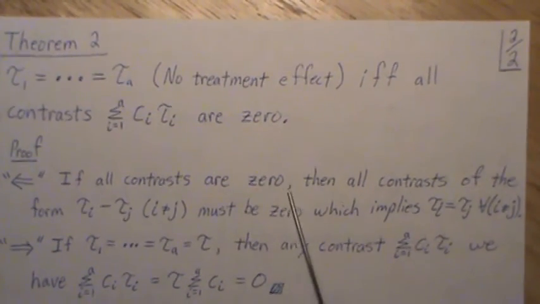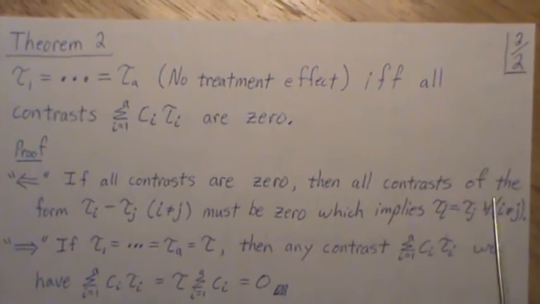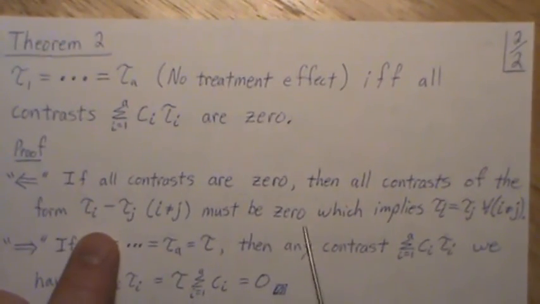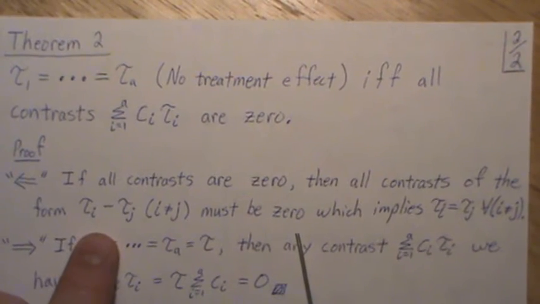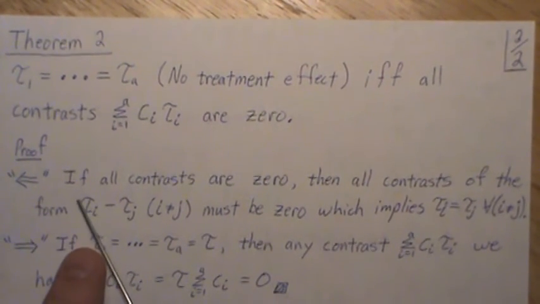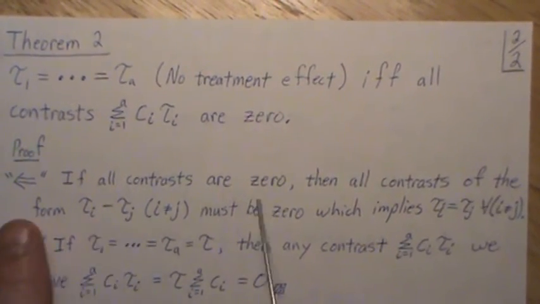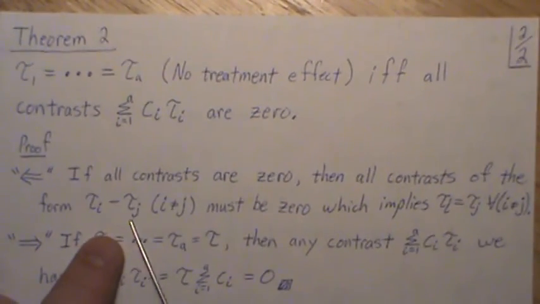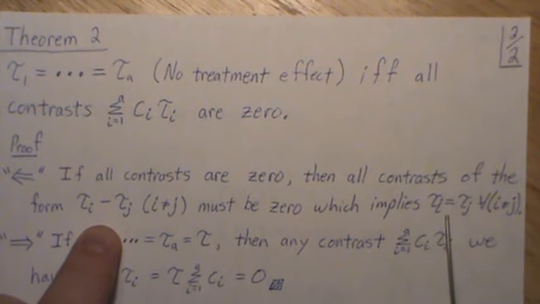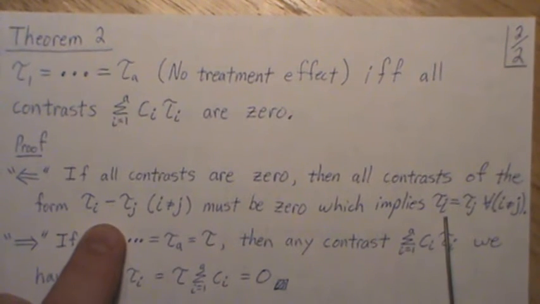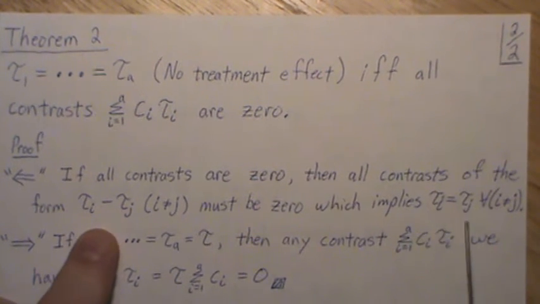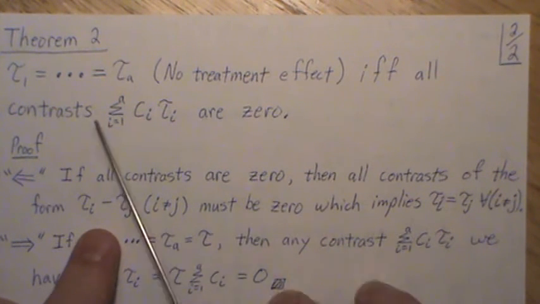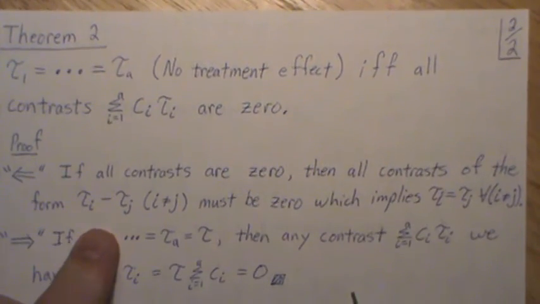So if all contrasts are 0, then all contrasts of the form tau i minus tau j must be 0, right? Because all contrasts are 0. And this is a contrast, right? So it's a 1 and a minus 1, and the rest are 0. So all those coefficients add to 0, so it's a contrast. But if this is 0, that implies that tau i is equal to tau j, and this is for all i and j not equal, which then shows that they have to be equal.